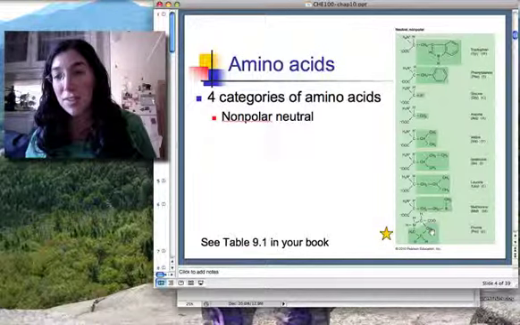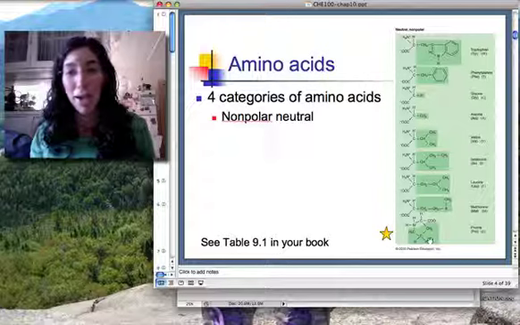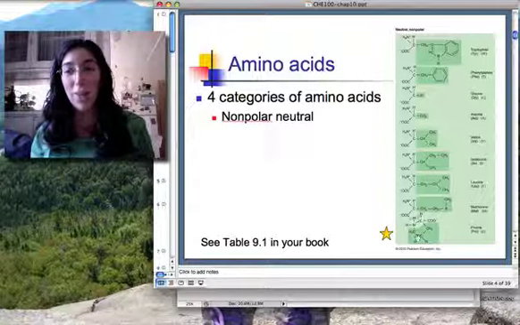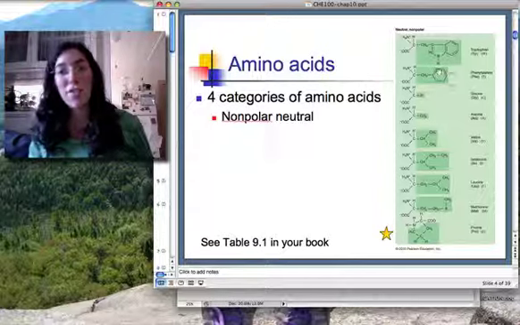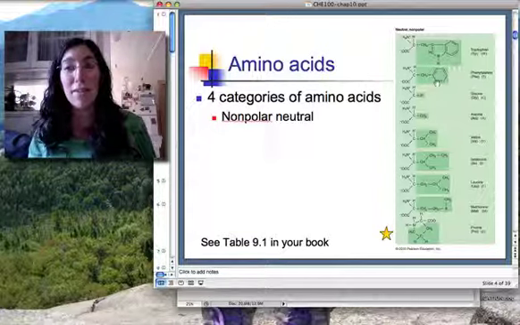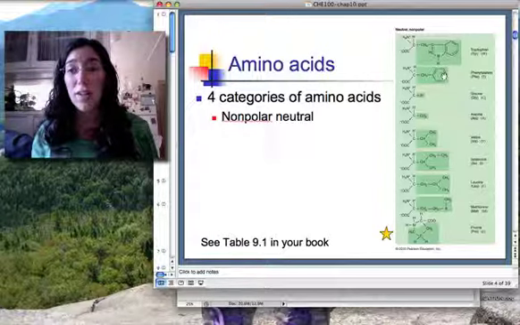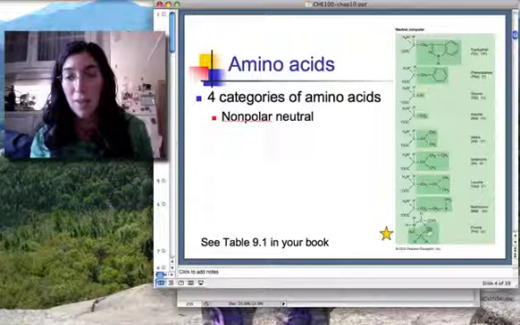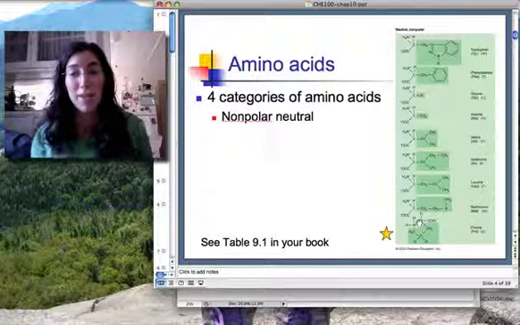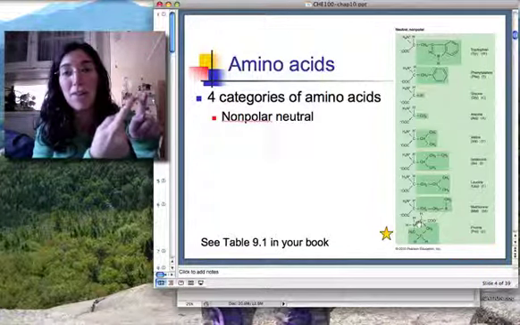I have a star here by proline. Proline is unique among the amino acids because the whole thing is in a ring form. For instance, phenylalanine here, the side chain has a benzene ring, an aromatic ring structure, but the amino acid backbone itself is still sort of linear, whereas in proline, the side chain actually is bonded to that backbone.